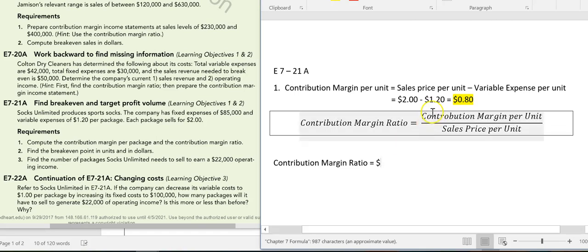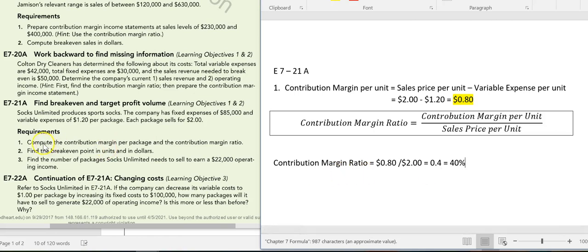Our contribution margin per unit, which is our numerator, is 80 cents over sales price per unit, which we already know. You can also see it from your problem. Each package sells for $2. That means sales price per unit is $2. So if you do this little math, you will find that contribution margin ratio is 0.4, or you can also call it 40%. That means if you make $100 sales, your contribution margin will be $40.